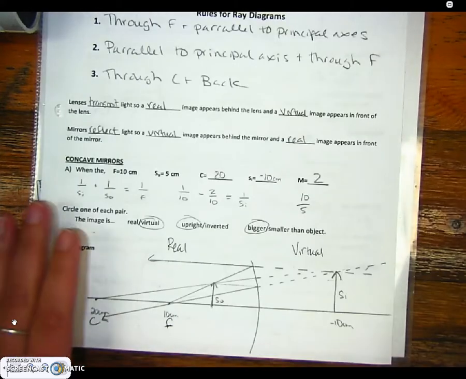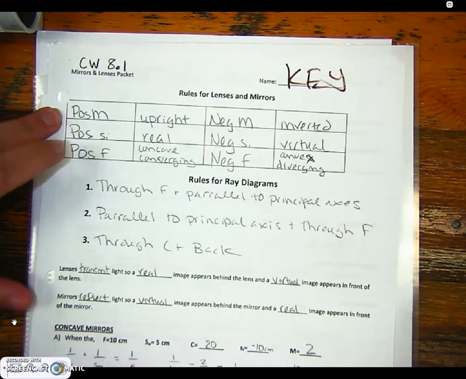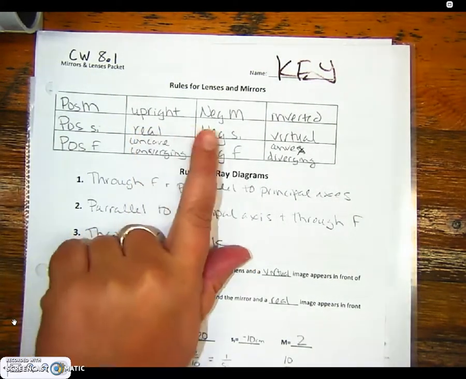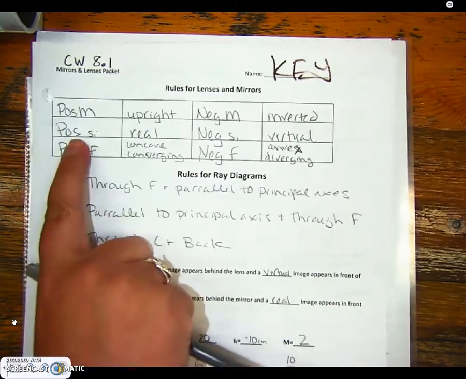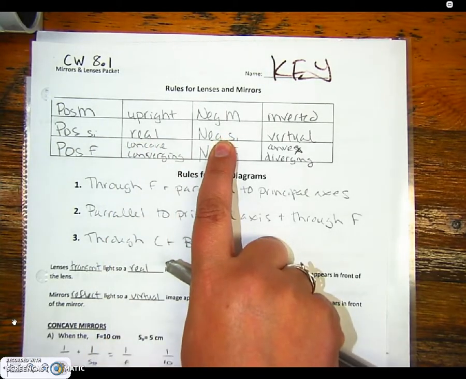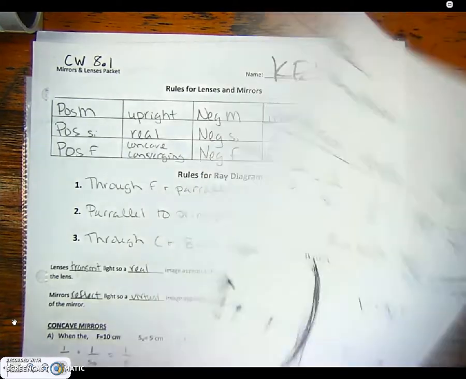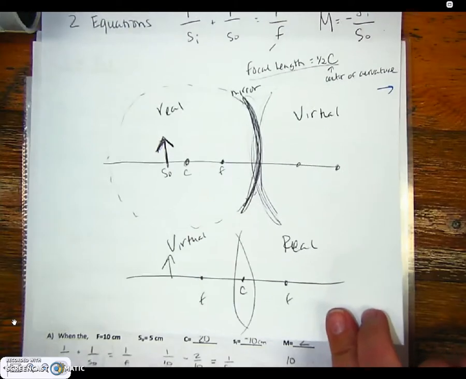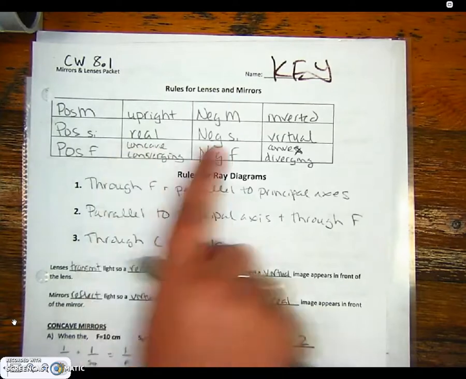So let's go ahead and look at our rules. If you can memorize this, then you'll know everything there is to know about solving for mirrors and lenses. If you have a positive magnification, you're upright. If you have a negative magnification, you're inverted. It doesn't matter what kind of mirror it is. If your image distance ends up being positive, you're real. If your image distance ends up being negative, it means virtual. Now remember, for each type of thing, whether it's a mirror or a lens, it's going to be different what side it's on, but the sign convention still remains.